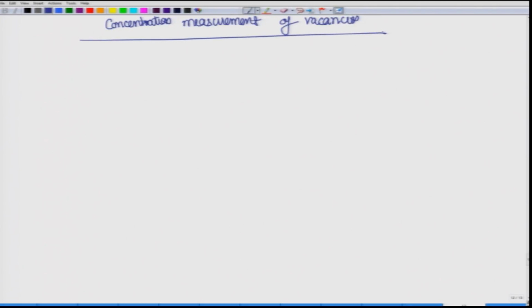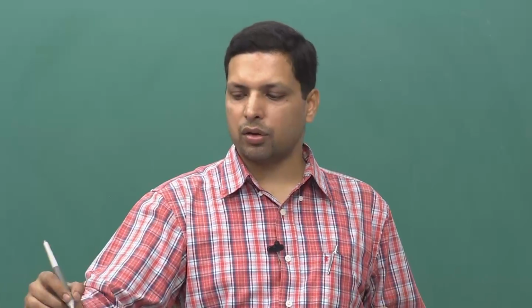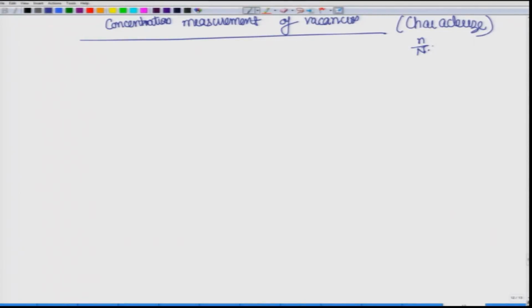What we are trying to do here is characterize n by N, assuming that it is being done in thermal equilibrium, and then what we get is an equilibrium fraction.